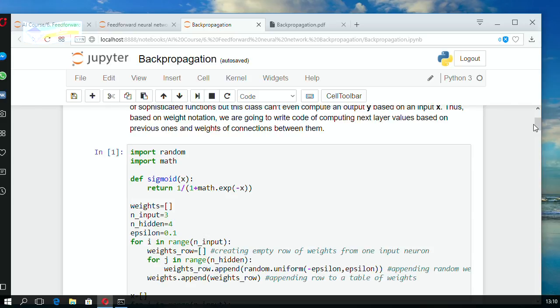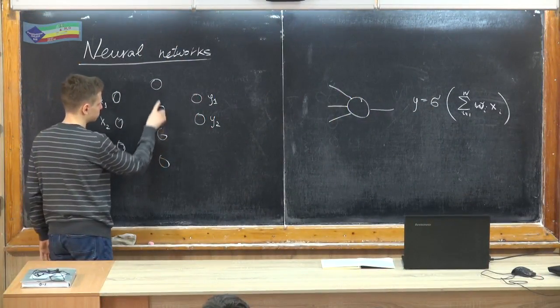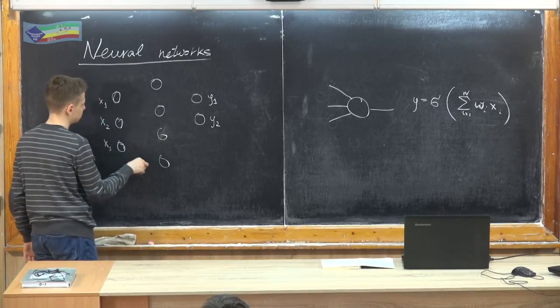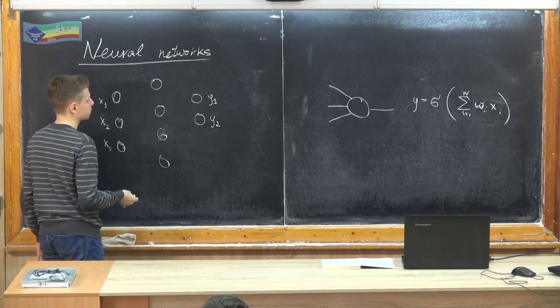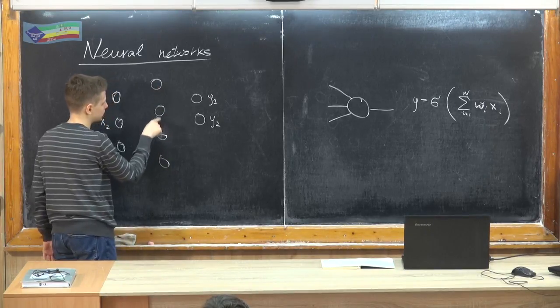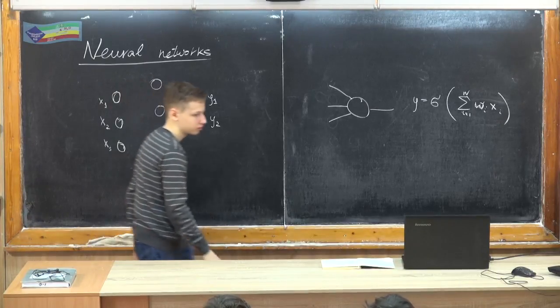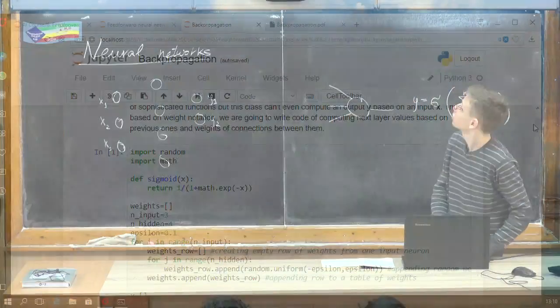So first we are going to calculate the values of the hidden layer, and then we can apply the same algorithm, treating the hidden layer as the input layer, to calculate the output layer. So we can do this.